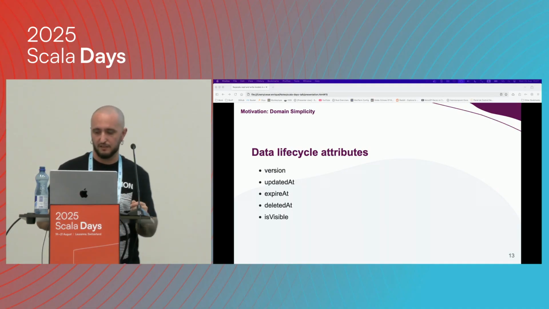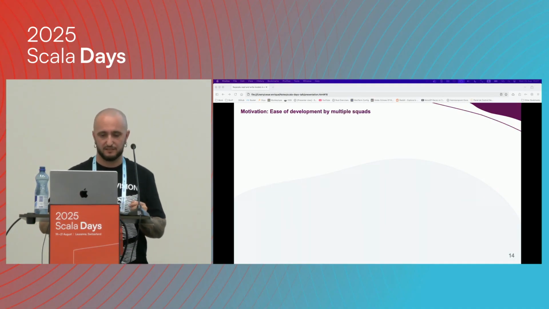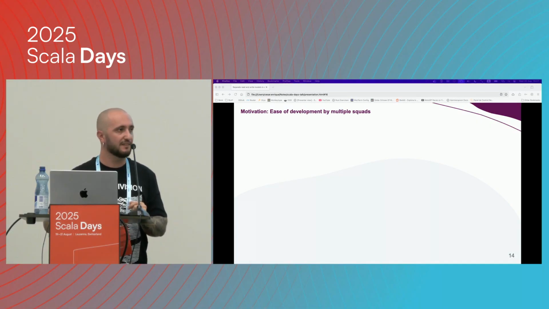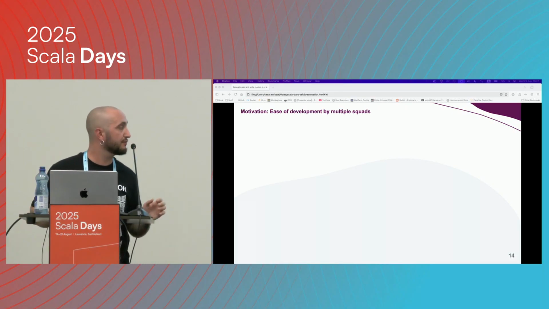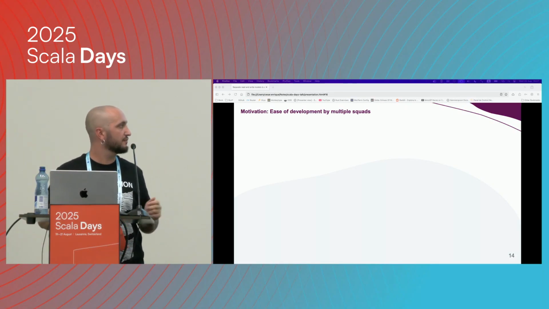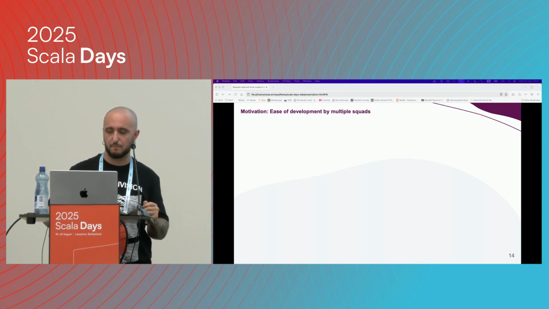So for this, we are going to see later how we solve this, but the last point is making it easy to develop when you have different sub-teams or different people working on multiple services that read from the same database or from the same events of a stream of events.